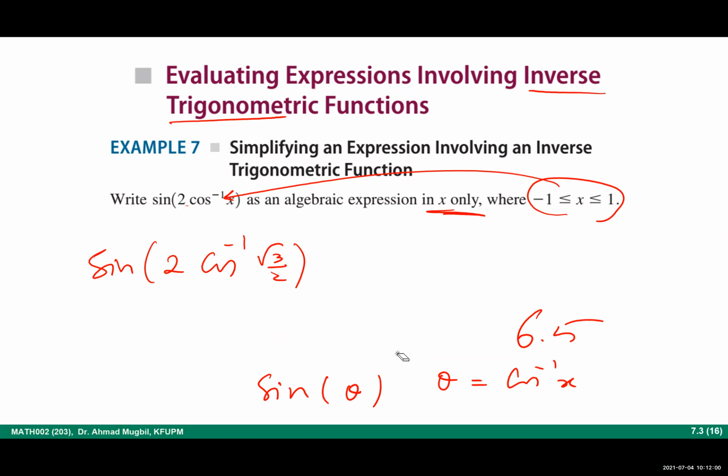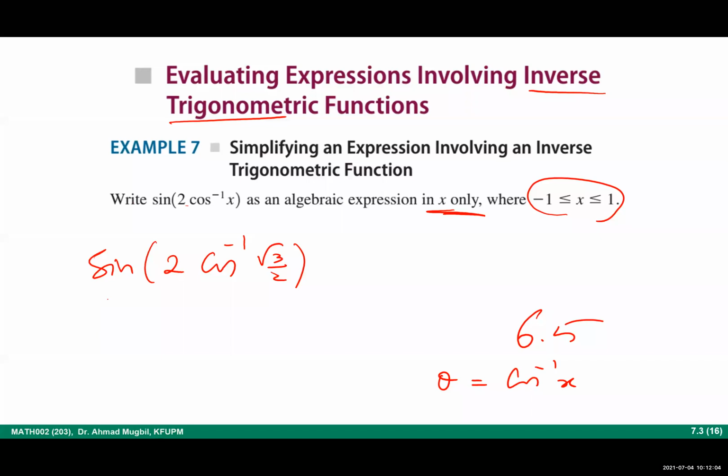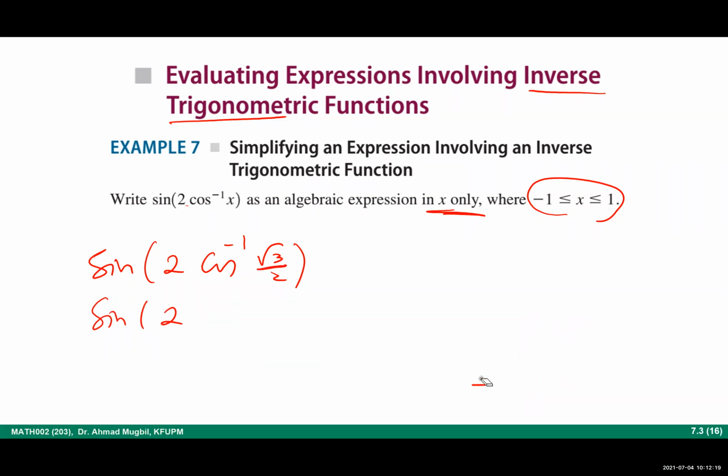If it is like that, shabab, if you know what x is, it is so easy. This is sine of 2 cosine inverse square root of 3 over 2. What is it, Amjad? What is cosine inverse square root of 3 over 2 equal to?